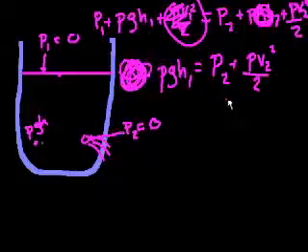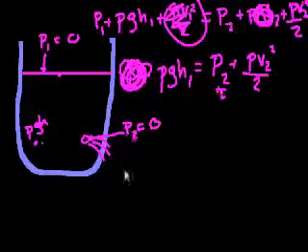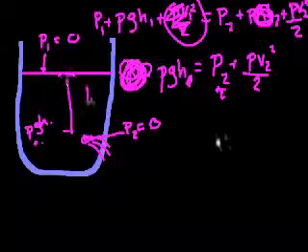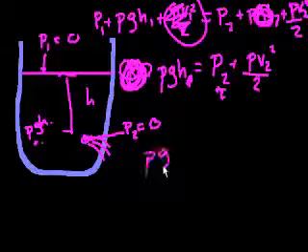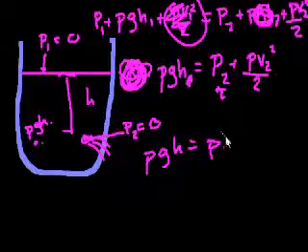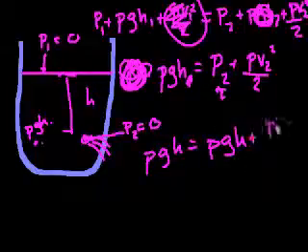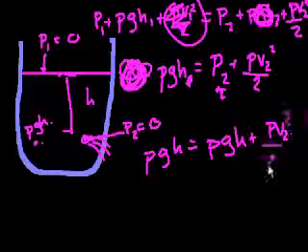And so the question is, what is the pressure here? And I said, well, this pressure is 0 because we have a vacuum here. If I were to say that the pressure over here at this hole is equal to rho GH, where this is H, then I would have the situation where rho GH is equal to rho GH plus rho V squared over 2.